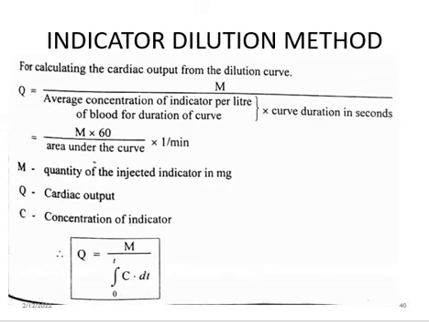That formula is simplified as Q equals M divided by the integral of C, that is concentration, from 0 to the time we defined, T, dt.